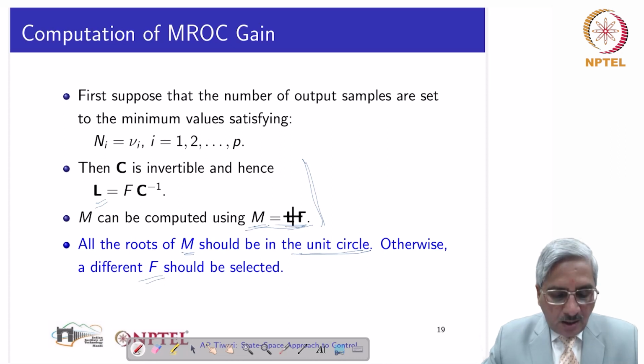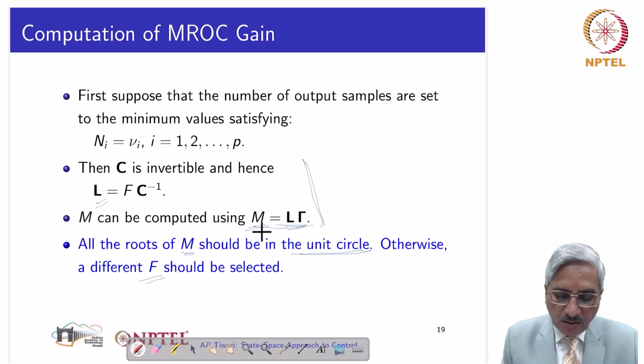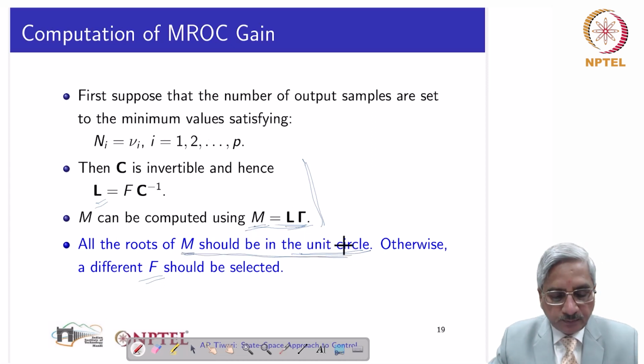So one limitation of multirate output control is that it will realize most of the state feedback gains. Sometimes it may not, because this condition may not get satisfied.